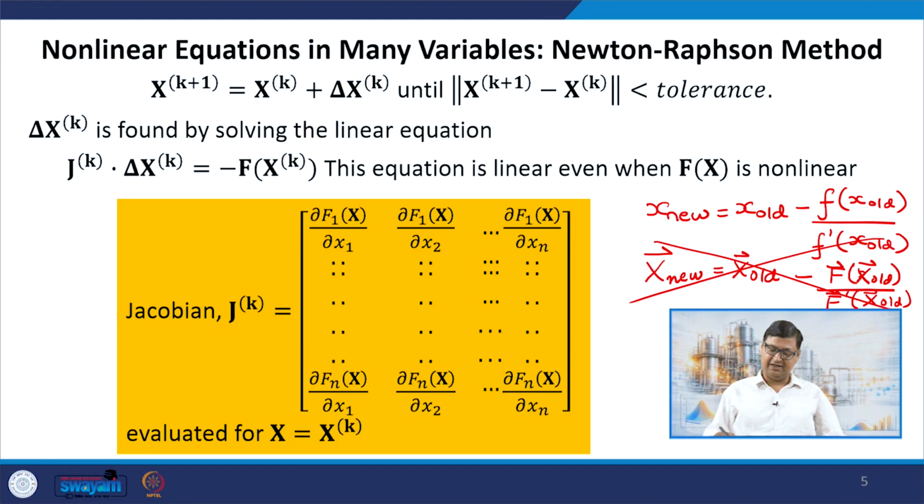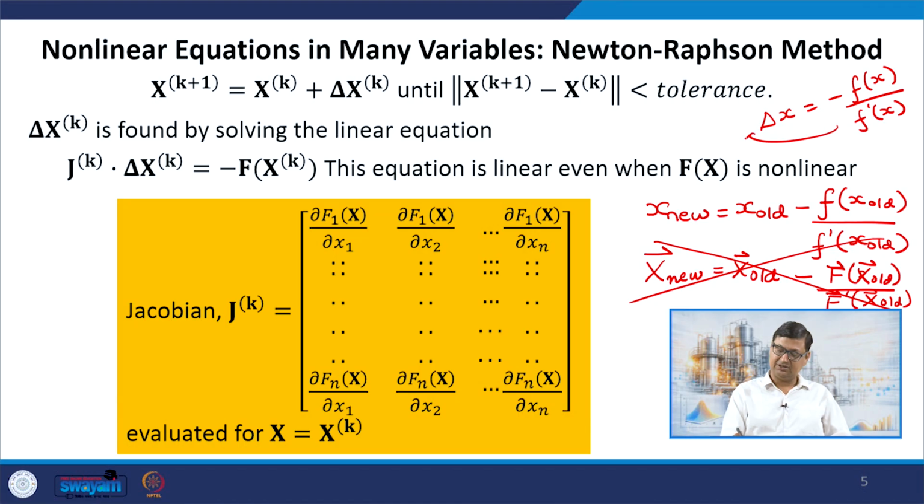So, basically I can reframe the earlier equation as my delta x, which is a change in the x, is minus f of x by f prime of x, and I can move it to this side and I will get f prime of x times delta x is equal to minus f of x, right.